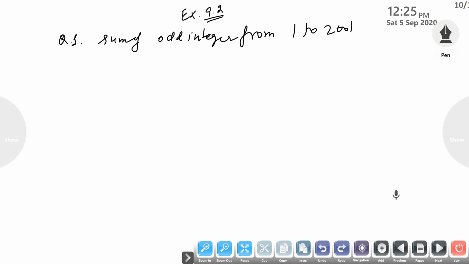Now first odd integer is 1, 3, 5, 7, and last is 2001.